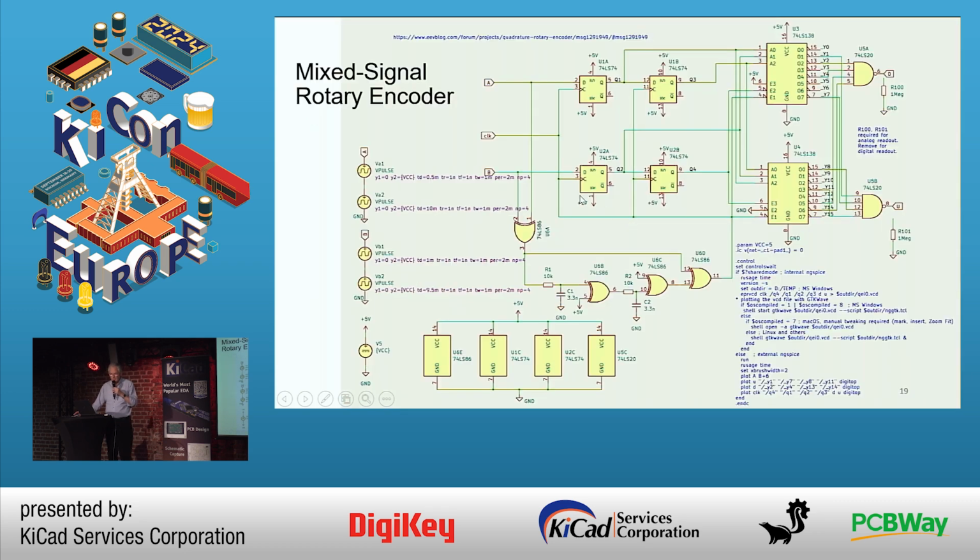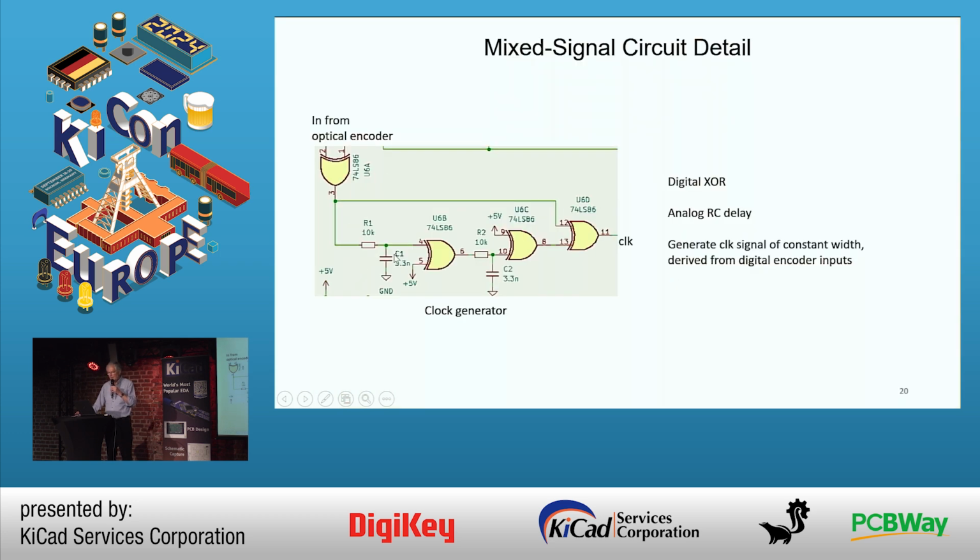We can do a simple mixed signal simulation using these venerable 74 devices, CMOS or whatever. Shown here is a rotary encoder. It has some analog part, because the analog part makes some delay and so serves for a clock with a specific delay-determined width.